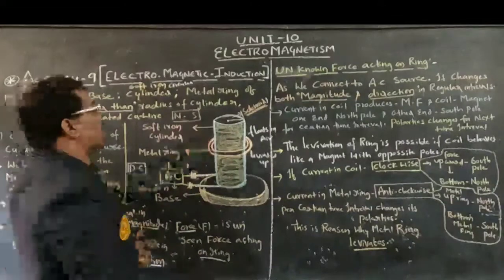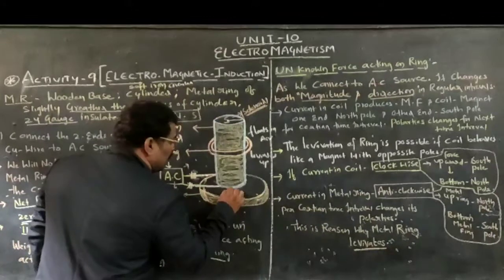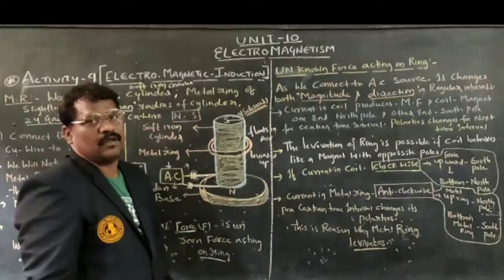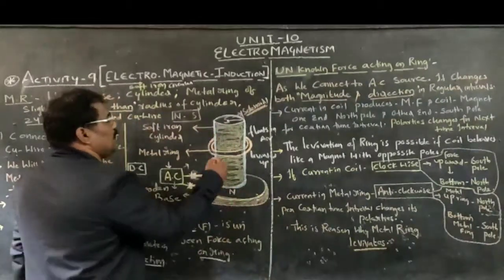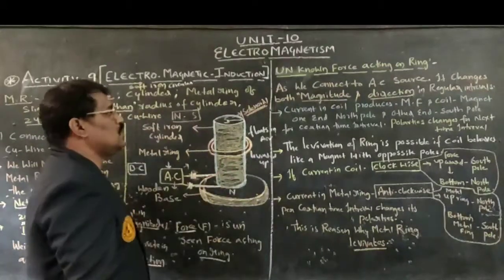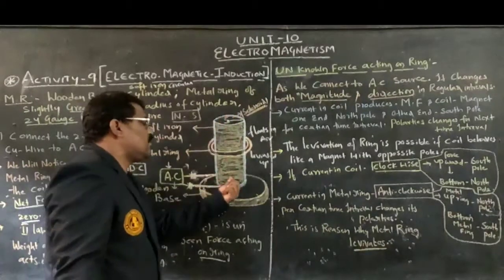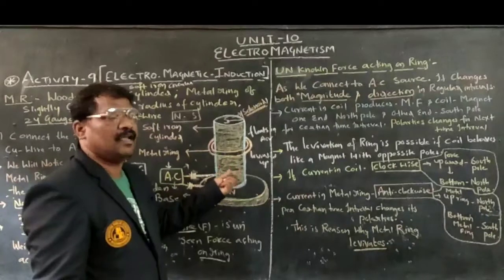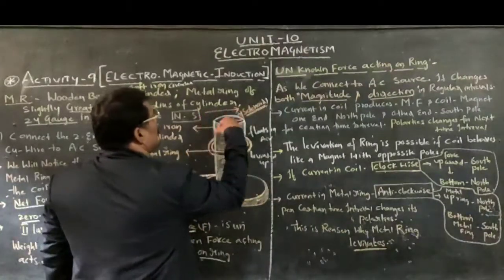So, if one end of this surface is acting like a south pole here, the bottom end of this coil must act like what? North pole. As the current flows continuously within this coil, what happens there? The magnetic field around this coil gets established. As the magnetic field is obtained within this wire, obviously it has to behave like a magnet, like a solenoid.